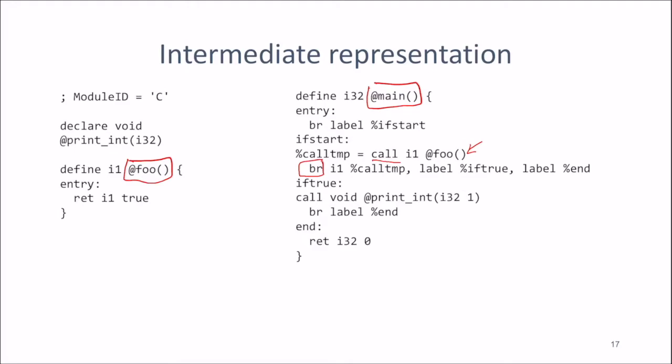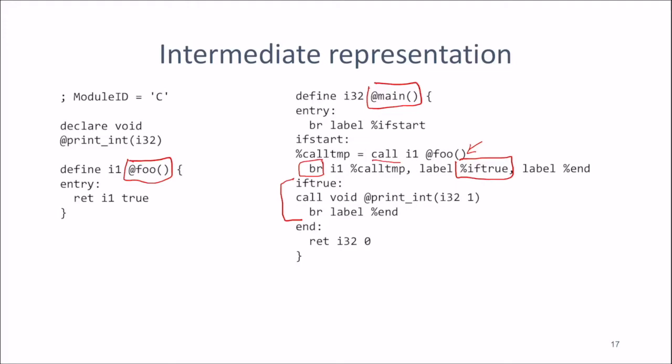So note, it's not assembly language yet. It's very close to assembly, but it's an assembly language that's going to be common across many different computer architectures. So it checks the value, and then if it's true, it executes this part, which is the part that's in the if true block here.